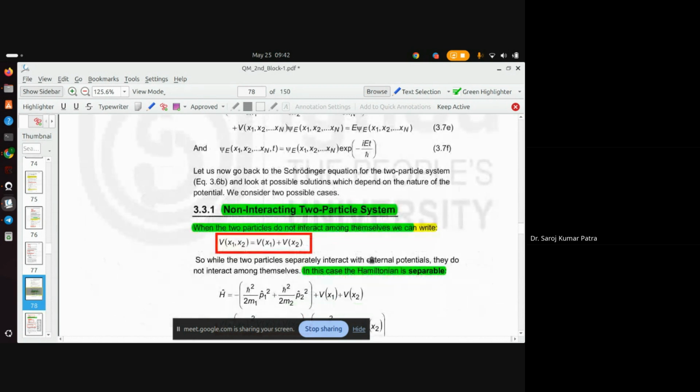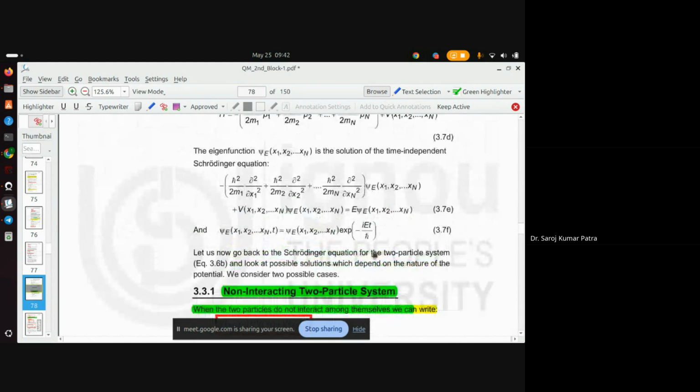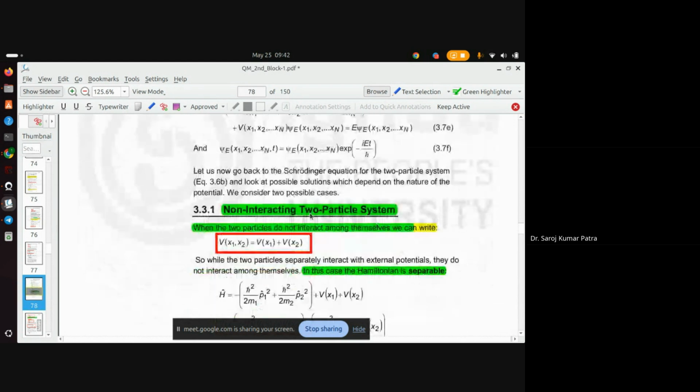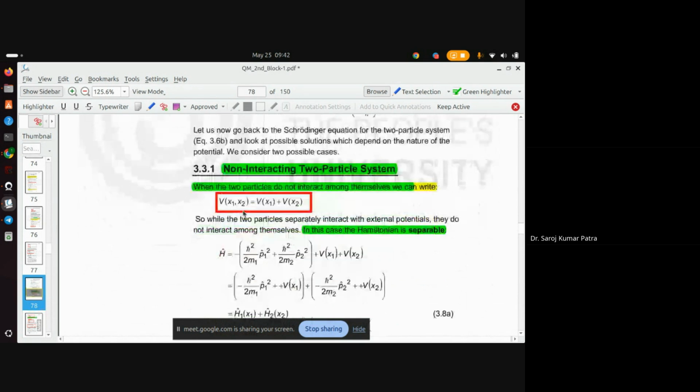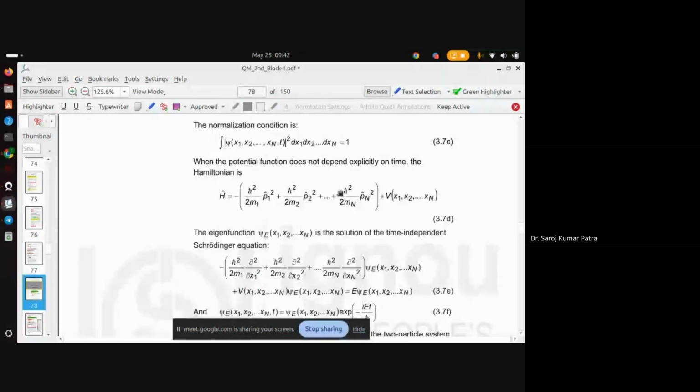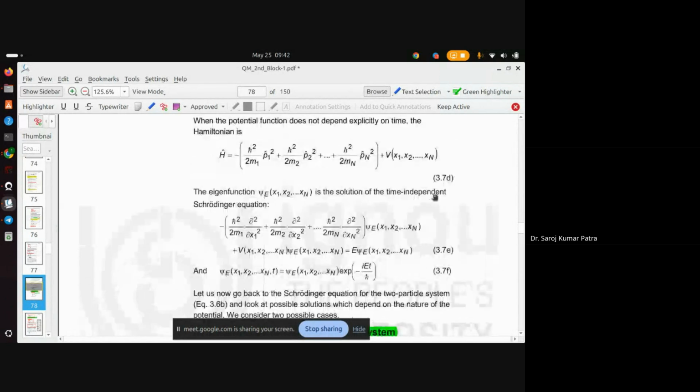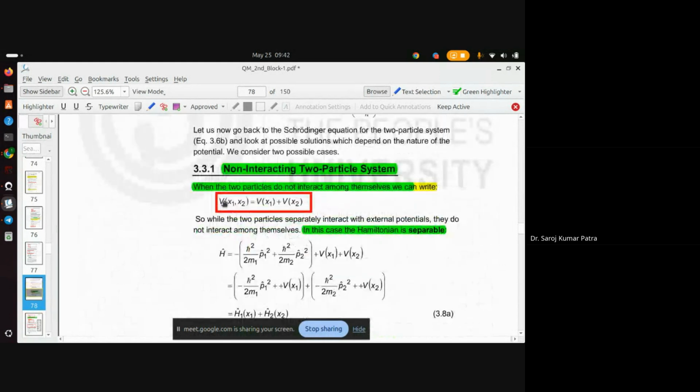So we'll consider the first case, non-interacting particles, a two particle system. In the case of non-interacting particles, this V(x1, x2), which we discussed here, V(x1, x2, x3 up to xn). If it is a two particle system, then it is only x1, x2. So for a two particle system, V(x1, x2) is equal to V(x1) plus V(x2).